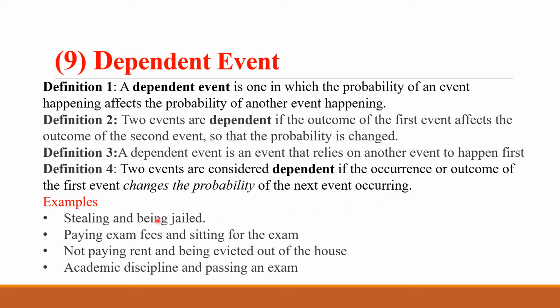As I've said, if you steal, you're likely to be jailed. The probability of being jailed is high. So stealing and being jailed are dependent if a law has to be obeyed.